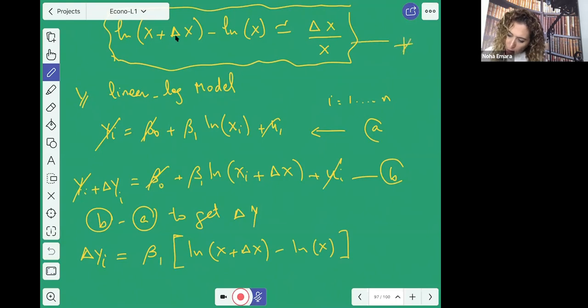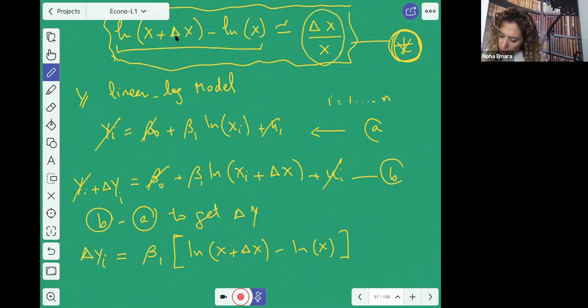I'm going to call this star because this is an important formula that we will use. Anytime I see this term, I can remove it and plug in this term. So the change in y_i is equal to beta 1 times the change in x over x, based on formula star.